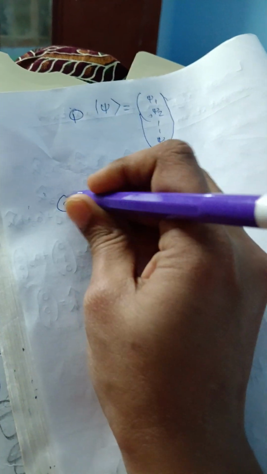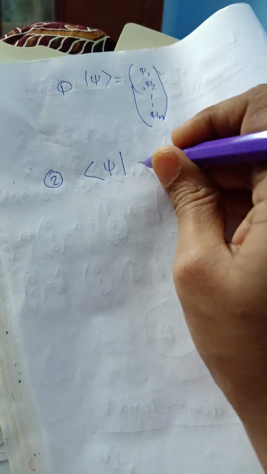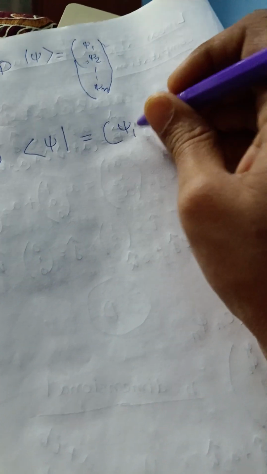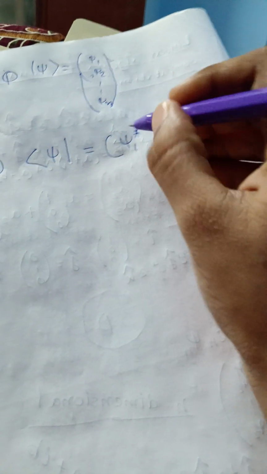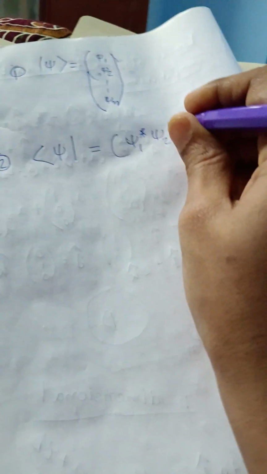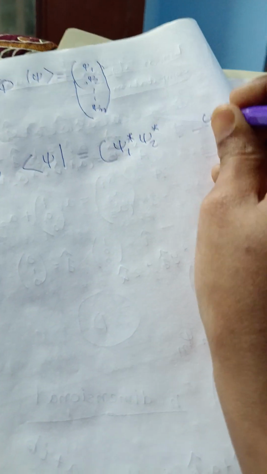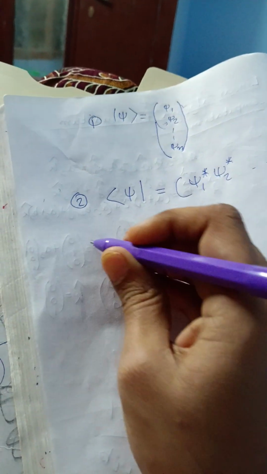The second point: you will represent the Bra state. It will be represented by a row matrix having the complex conjugate of the components of the state vector: psi 1 star, psi 2 star, up to psi n star. This is the row matrix represented by Bra psi.